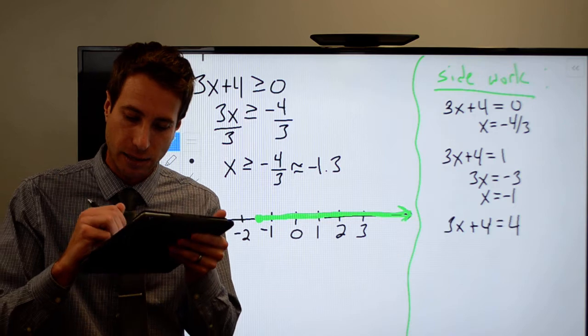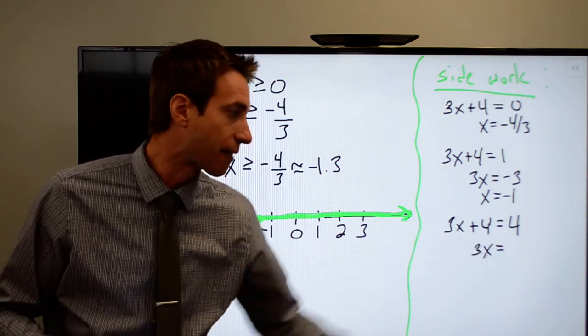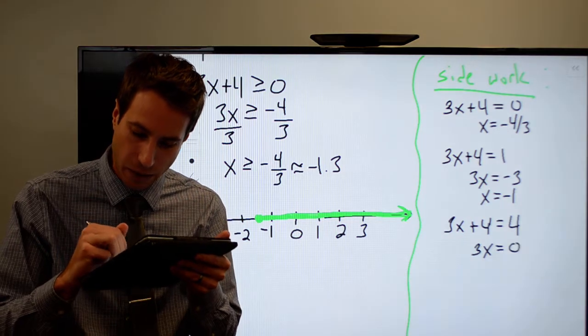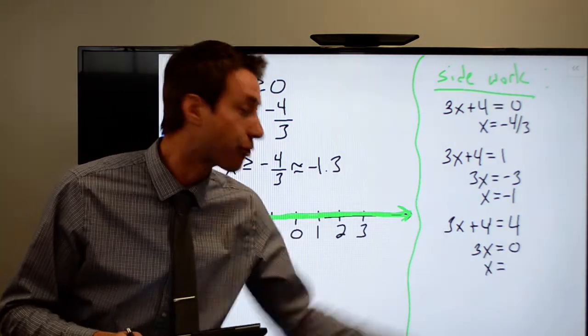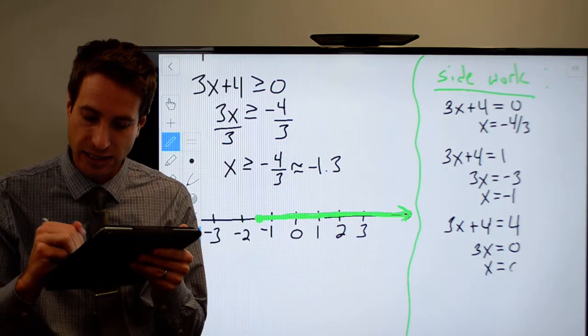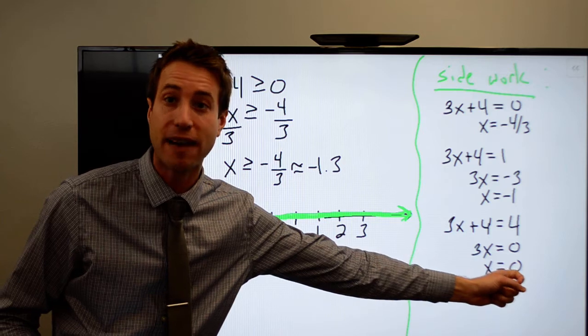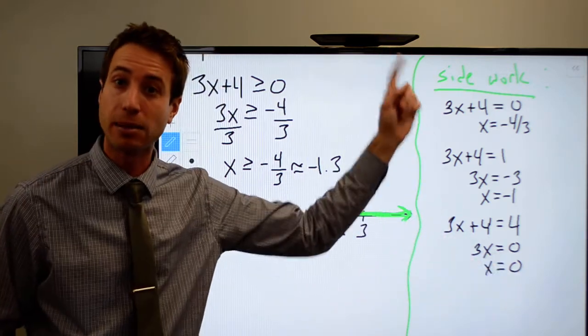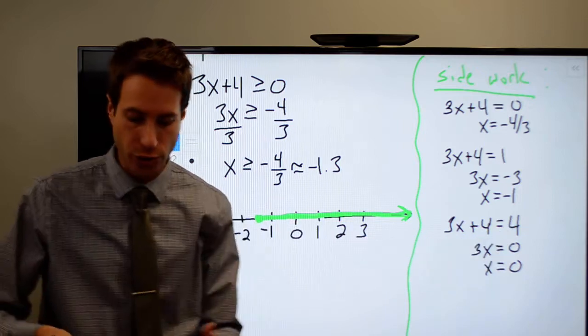Let's see if this comes out to be a nice one. 3x is equal to, subtract 4 to the other side, I get 0. x is equal to 0 divided by 3, which is 0. So I know if I plug a domain value of 0 into my function, I'm going to get 4 under the radical symbol.